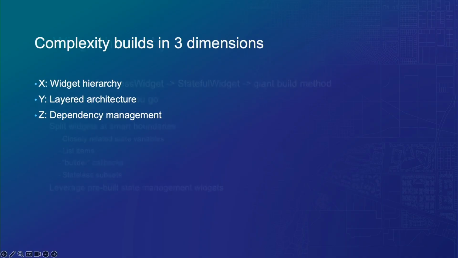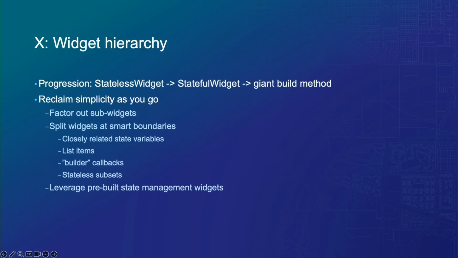Okay. So starting with the X dimension, you will find that building a Flutter app quickly involves long and deeply indented build methods. And the build method is the basic widget callback that creates your widget tree. Kind of the centerpiece of a Flutter application.